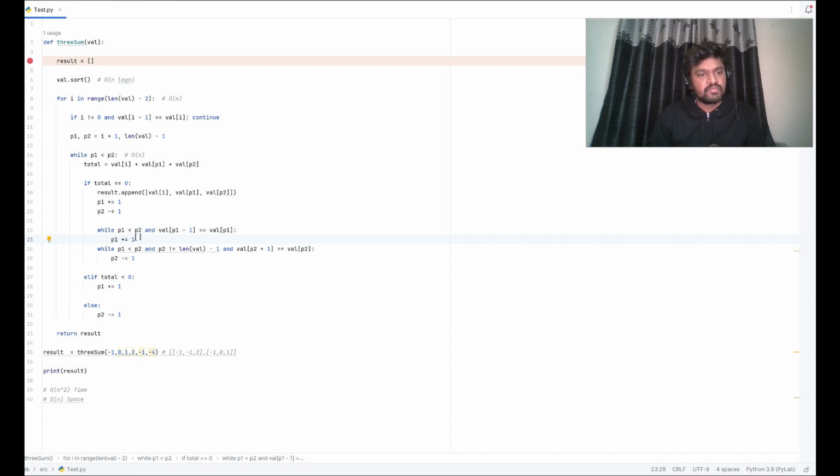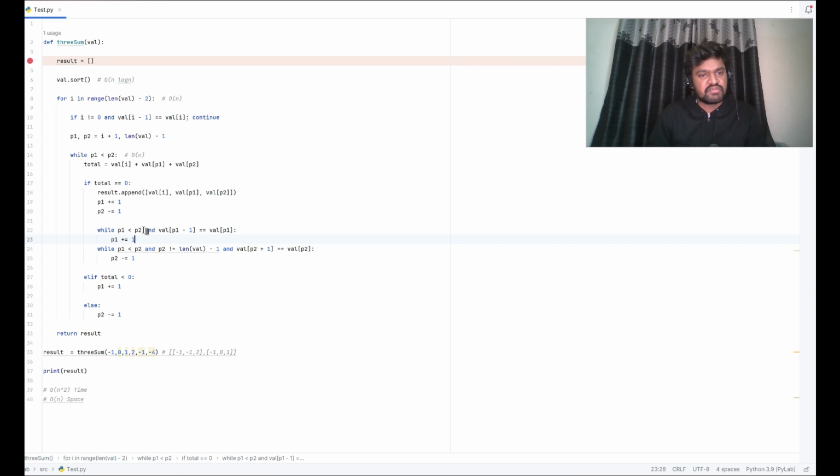So it would be easy, and it doesn't cause many problems. When you use the if condition here, it would again go for the total, and if it matches 0, we would add that again. That can be an issue, a duplicate issue. To resolve that, we can use the while loop here.